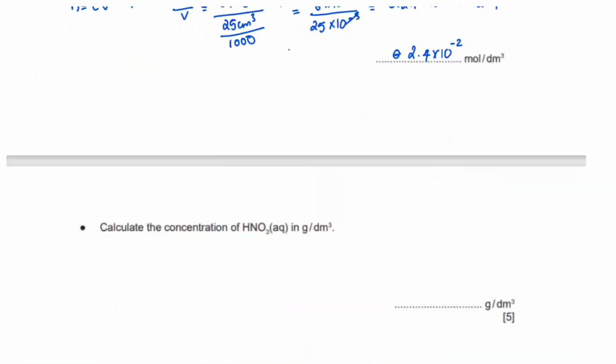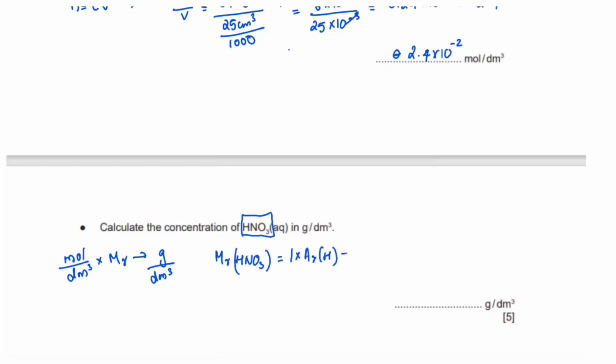So the conversion is mole per decimeter cube into MR will give you the value in gram per decimeter cube. So first we need to find the MR in order to do the conversion. MR of HNO3 is going to be 1 into AR of hydrogen plus 1 into AR of nitrogen plus 3 into AR of oxygen.